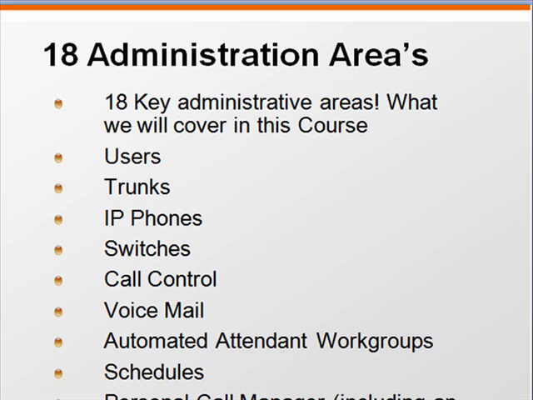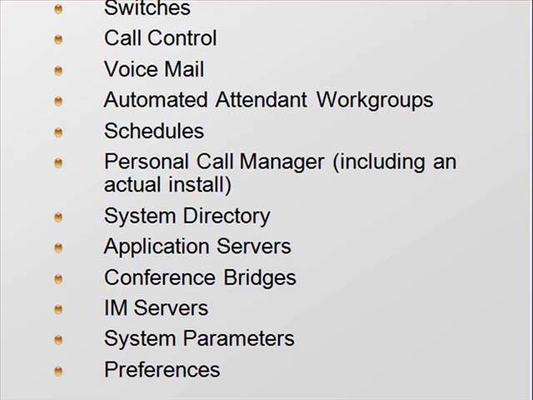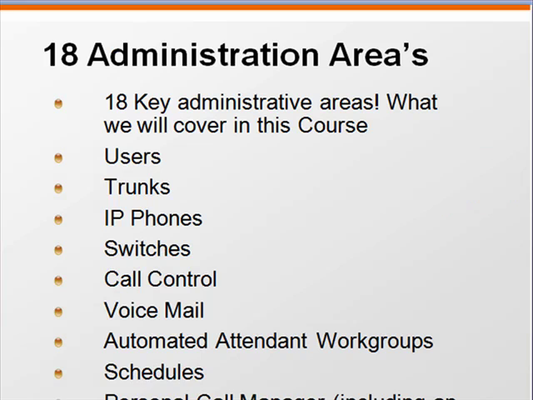And we will talk about approximately 18 key areas of system administration. Sometimes it's difficult to take these in a particular order, as in some cases it will be necessary, for example, to configure a user before we can complete the configuration of a trunk group, as a trunk group requires a destination.